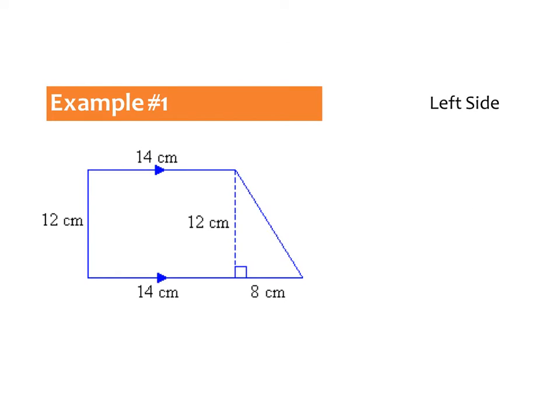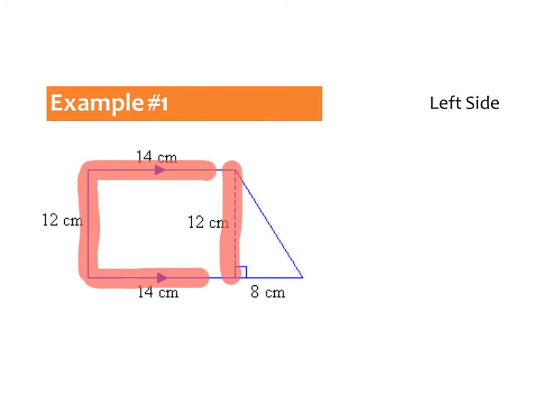All right, so let's go ahead and figure out this composite figure. Now, there are a couple of shapes that I see in this particular composite figure. The first one that I see is this rectangle right here. Okay, this is a rectangle. So I know I'm going to need to find the area of a rectangle, and that formula is base times height.